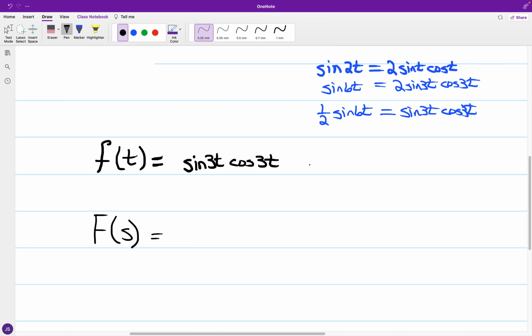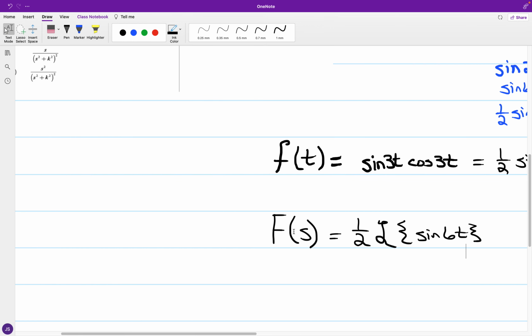And so in the rewrite, as a single term, we have 1/2 of the sine of 6t. So in the Laplace transform, we're looking at 1/2 of the Laplace transform of the sine of 6t.